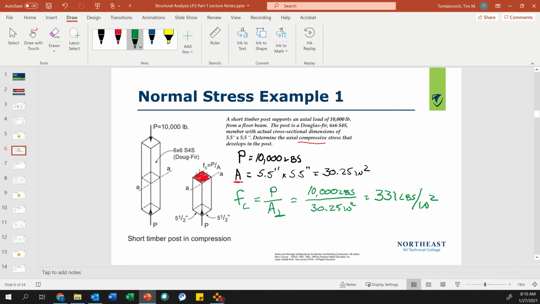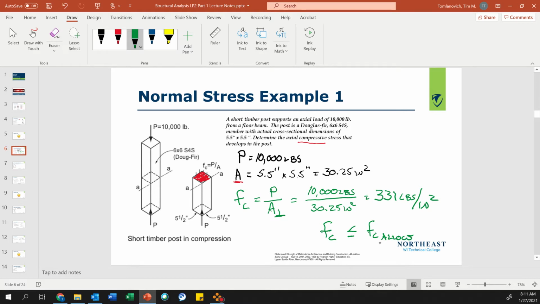So now, I'm just going to mention this now, and this will come up later. FC or FT, normal stress in compression or normal stress in tension, your calculated value has to be less than or equal to your FC allowable. And we'll talk about that later.